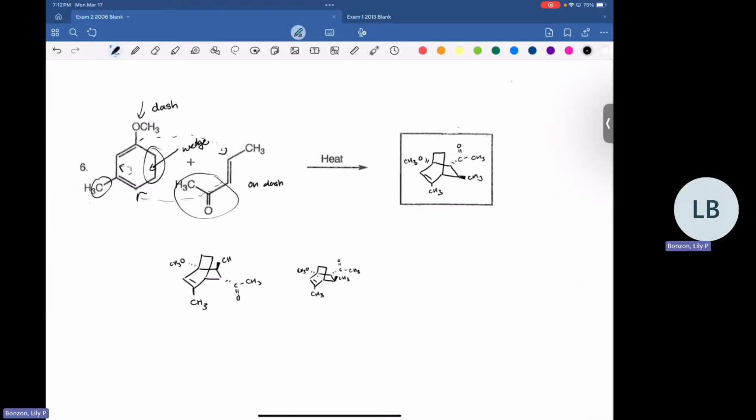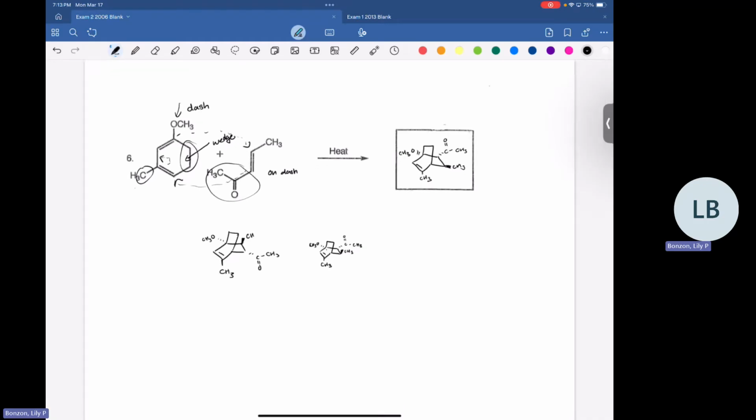Any questions on Diels-Alder? I don't remember if the key specifically said that there has to be one on which, but my thinking is just that that group's bigger, so it's more preferable for it to be on the dash versus a smaller group.